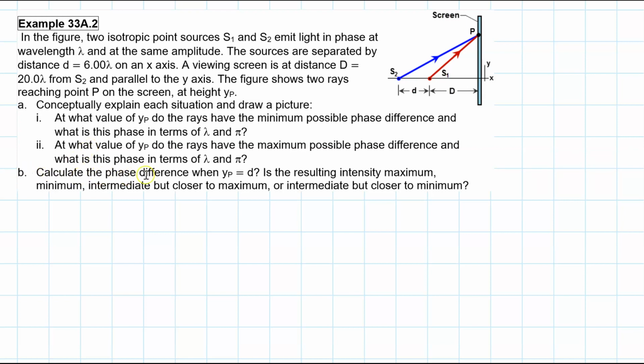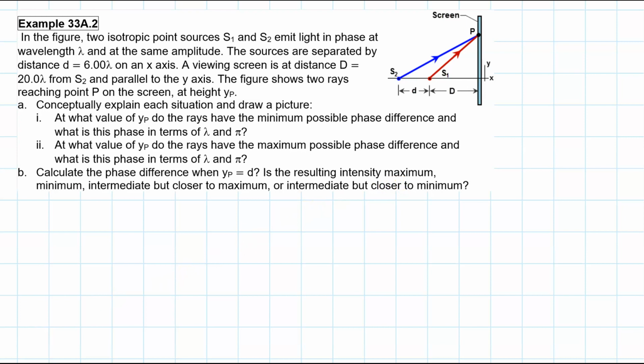And then B, calculate the phase difference when y of P is equal to d. Is the resulting intensity a maximum or minimum, or is it somewhere intermediate? If it's closer to a maximum, say it's closer to a maximum. If it's closer to a minimum, say it's closer to a minimum.